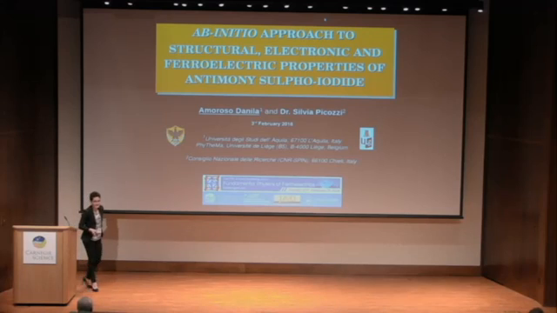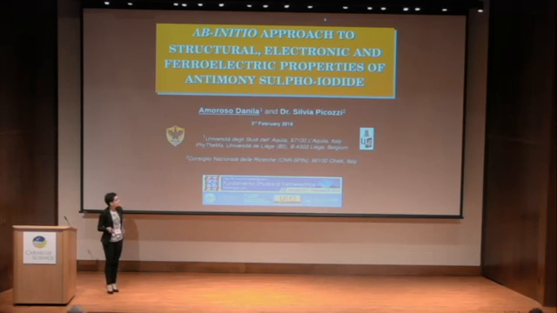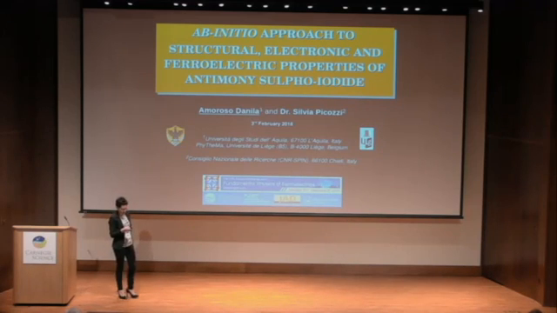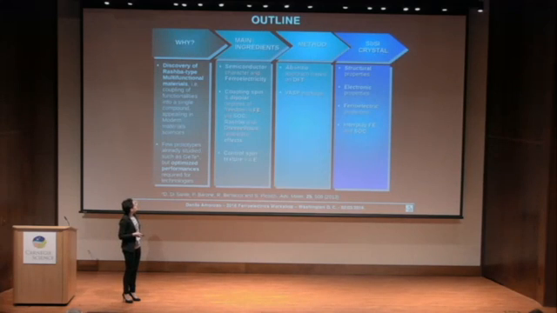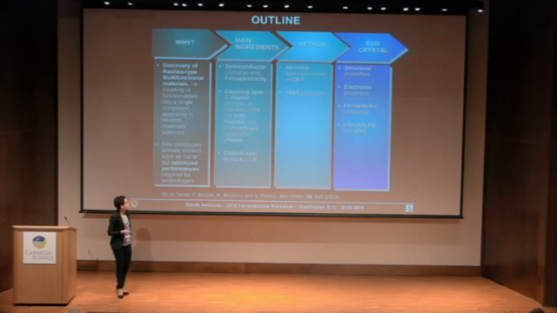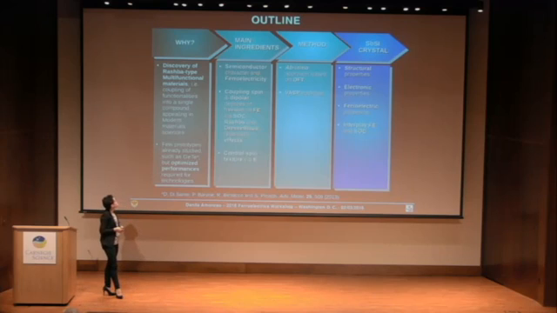So good morning, everybody. I'm a PhD student of Philippe Ghosez at the University of Liège, but I'm going to present the results coming from my master thesis with Silvia Picozzi at the University of L'Aquila. The reason why we embarked on this research is to try to discover new materials among this new class of ferroelectric relativistic semiconductors, and in particular these Rashba-type multifunctional materials.